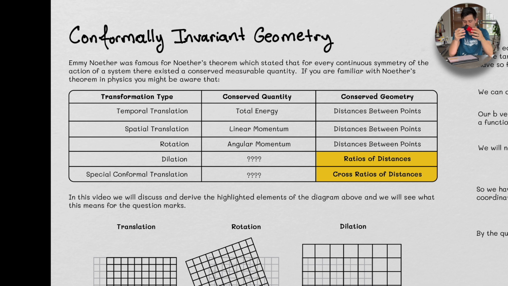So we have these conserved physical quantities, but now we're talking about conformal field theory, which incorporates the idea of conformal transformations.